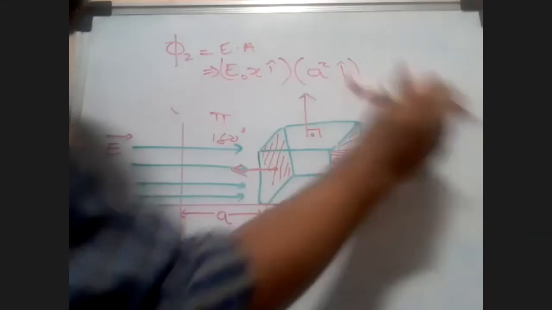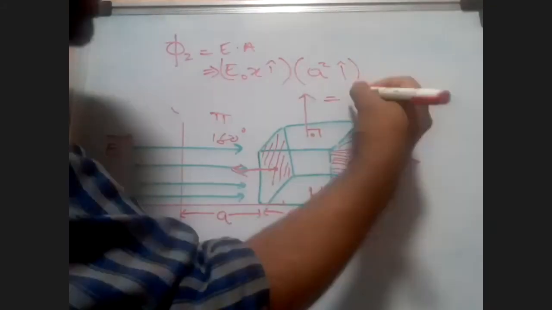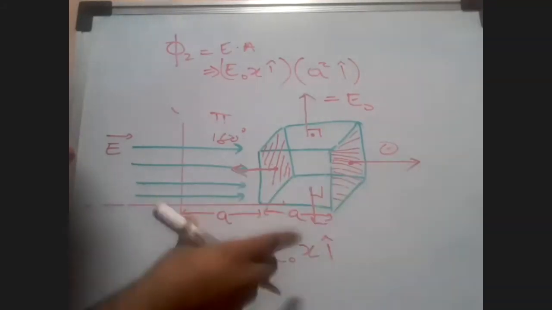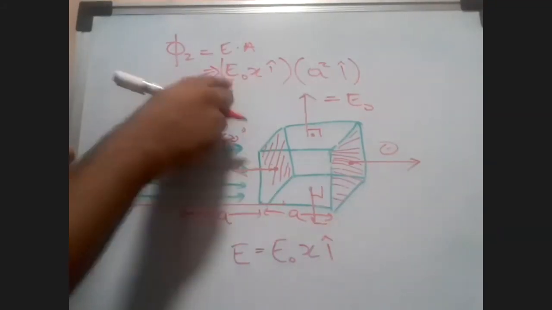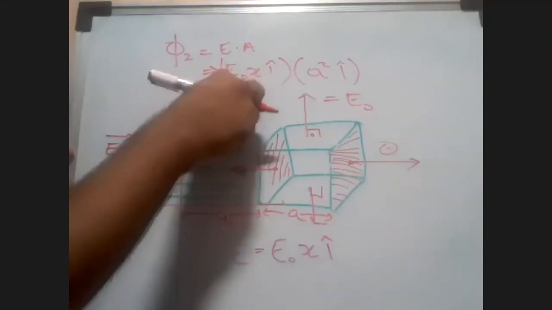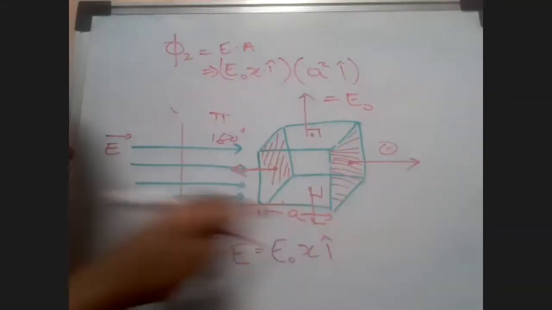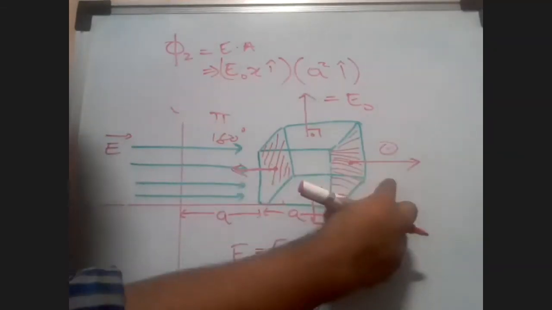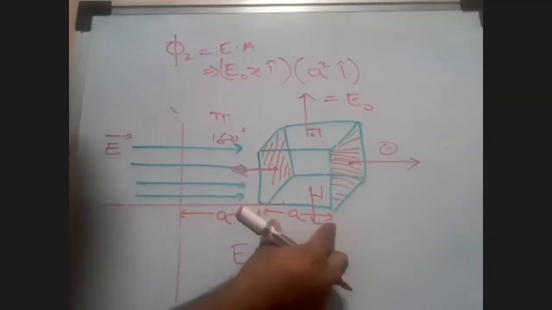What you are ultimately going to get is E naught x. X means the distance. Electric field is varying along the X axis. Surface 2 is at a distance of A plus A, that is 2A.